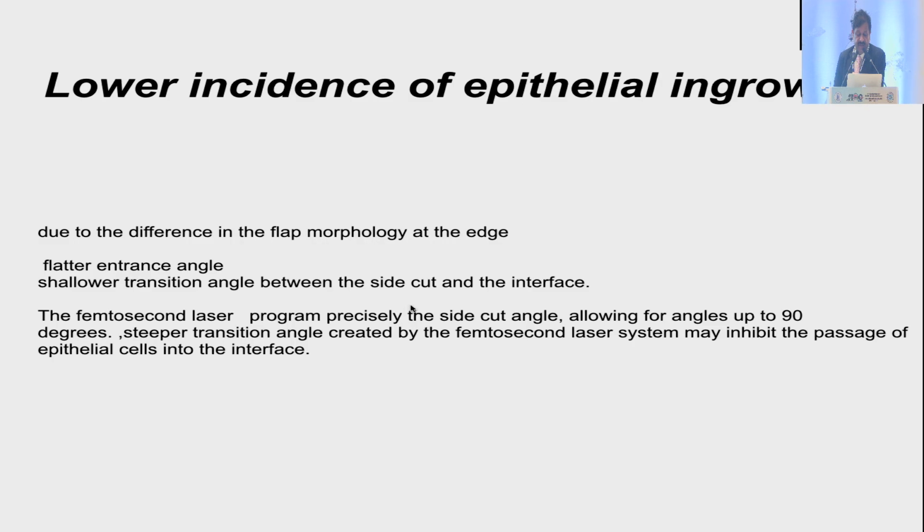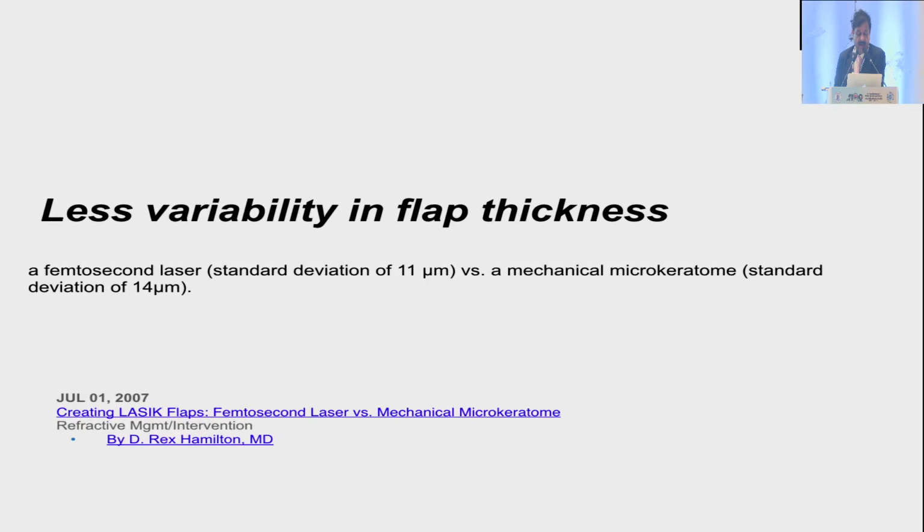A lot of studies have shown a lower incidence of epithelial ingrowth, and this is essentially because of the side cut angle. You can customize the side cut angle, and it is believed that this locks the flap and the side cut, which inhibits the passage of the epithelial cells into the interface. There is less variability in the flap thickness.